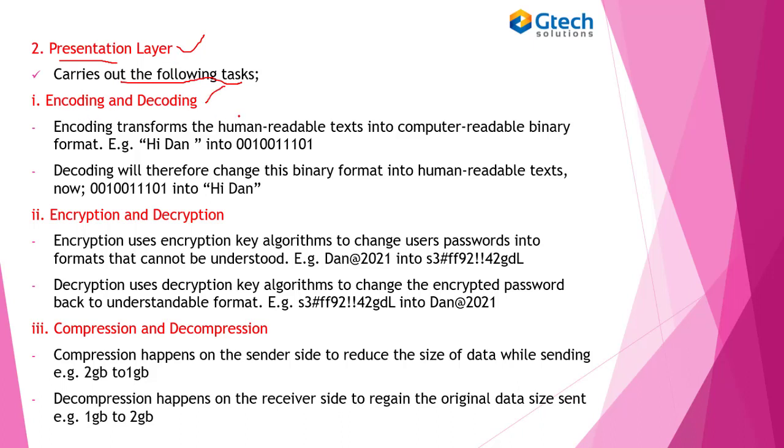Encoding is the way human readable text is transformed into binary formats that the computer can understand. Let's say you want to send "hi Dan". The presentation layer will transform this data into zeros and ones so that the computer can understand the data.